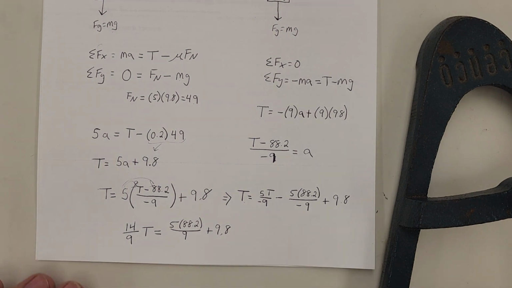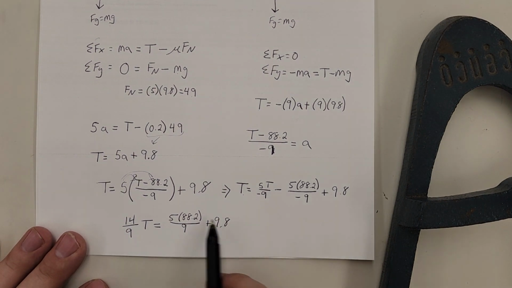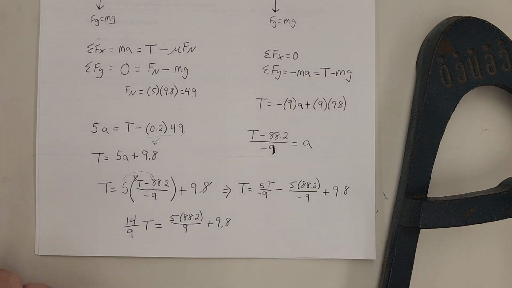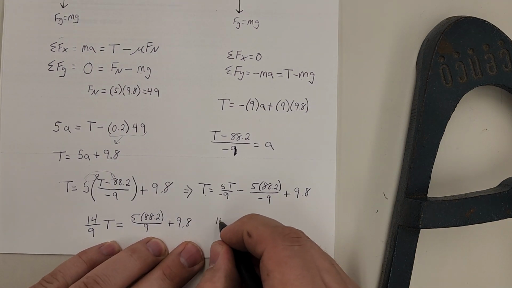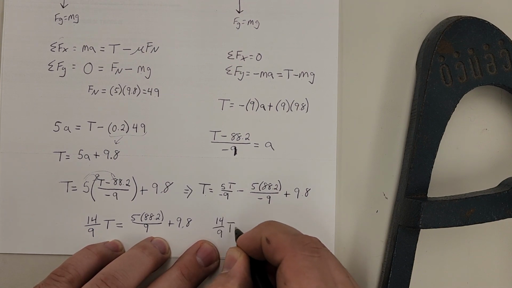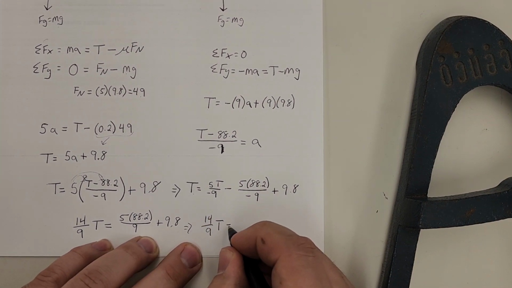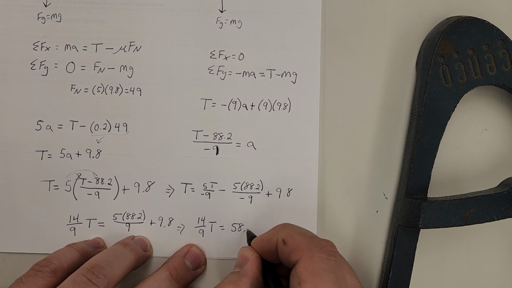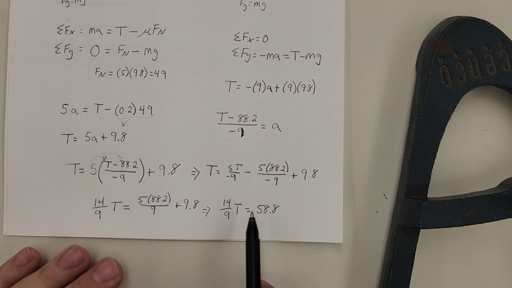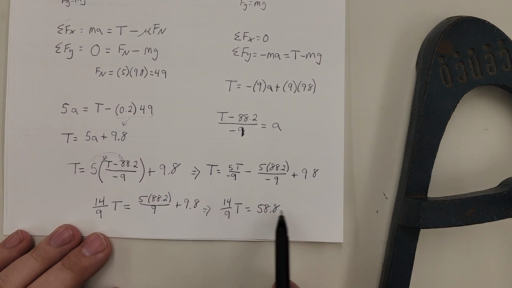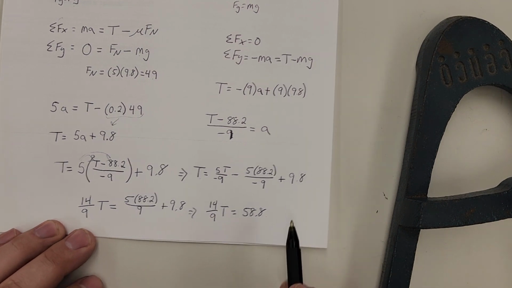We're getting there. This side now is just a number. We can take 5 times 88.2, divide by 9, and then add 9.8 to it. And we get that 14/9 t is equal to 58.8. Now to get t by itself, all we have to do is multiply this to the other side. So we multiply by 9 and then divide by 14.